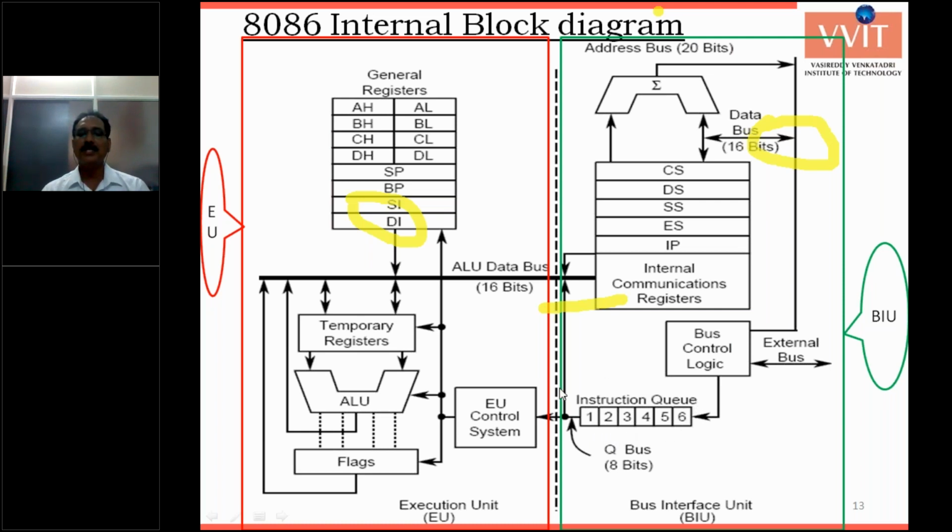Entering into the queue, the queue function is first in, first out. When the queue is non-empty, the execute unit function starts. The execute unit is the control system.